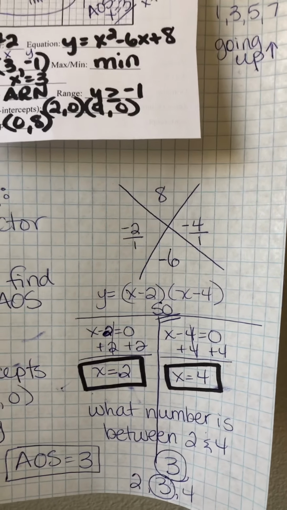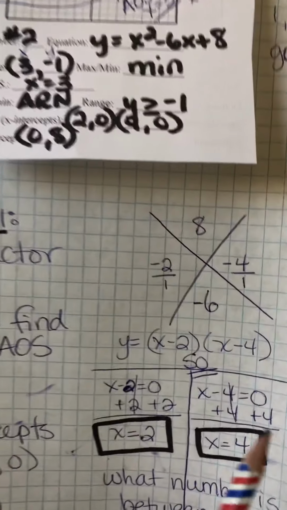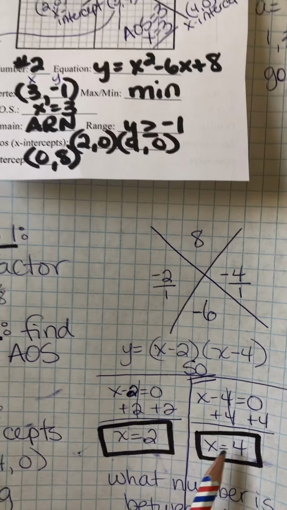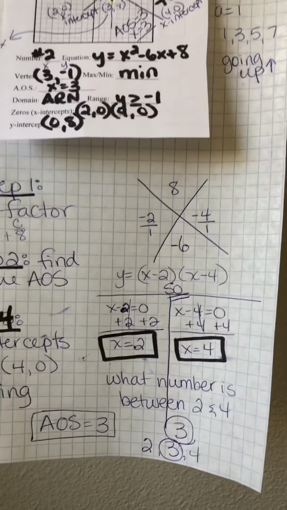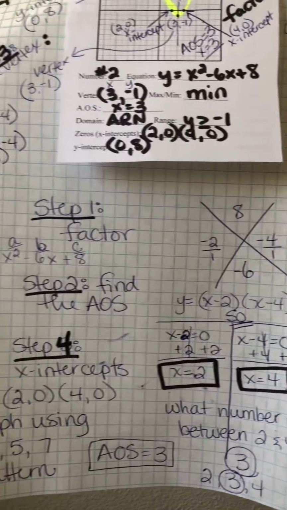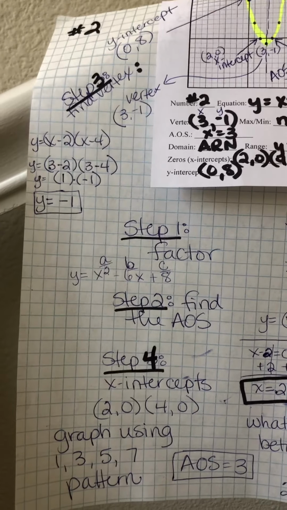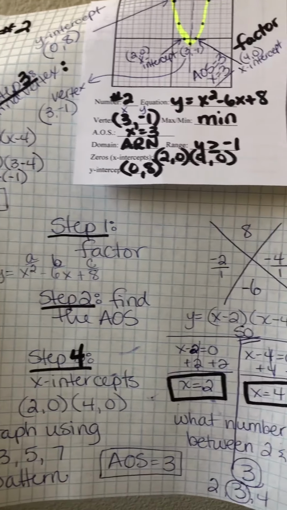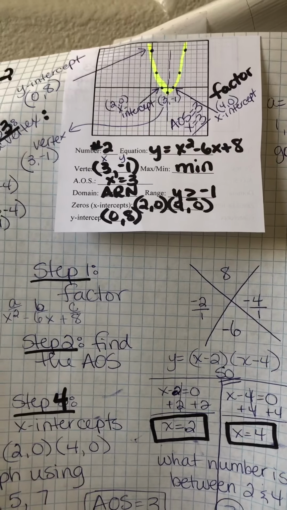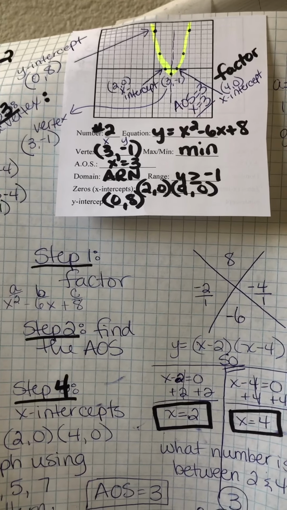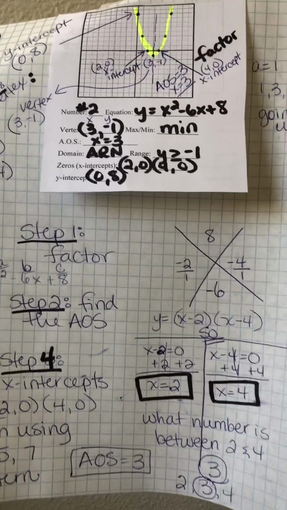And then you can set your equation equal to 0 to find your axis of symmetry and your vertex. When you substitute it back into the equation, and solve for the y.